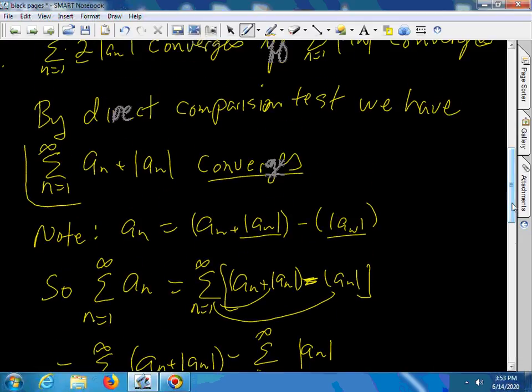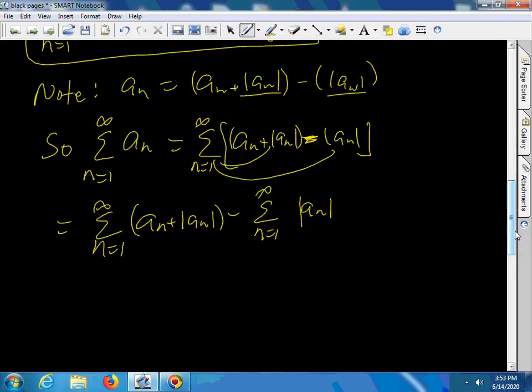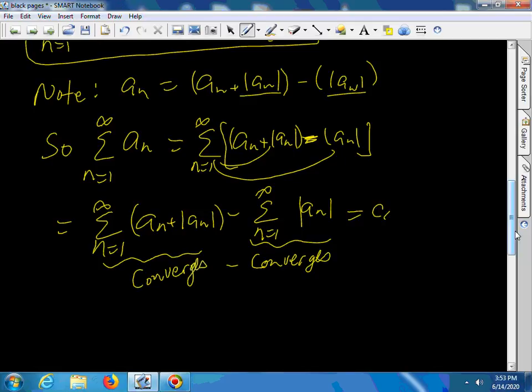We've shown a moment ago that that converges. So this converges minus, and we're given that that converges, so the whole thing converges. The difference converges. That is, this converges.